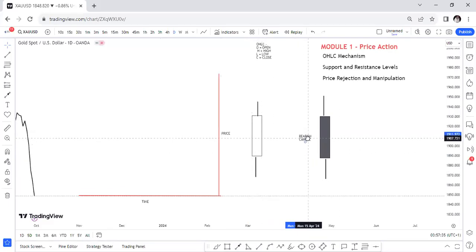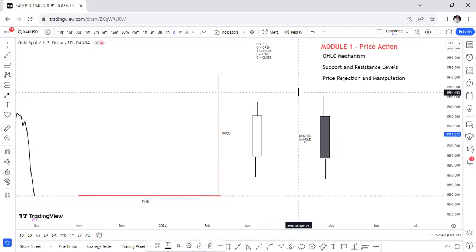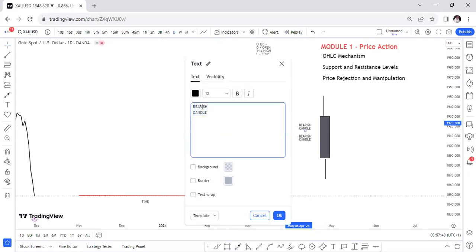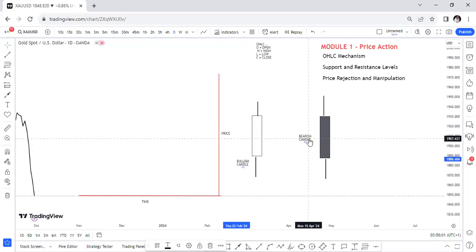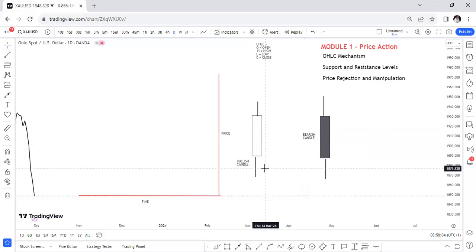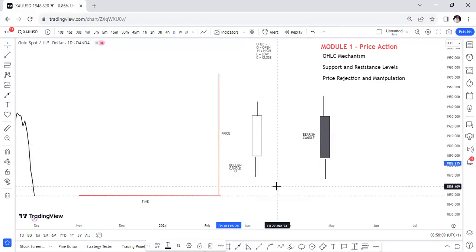This is a bullish candle, which represents the buying market. So you must be able to note how price moves.